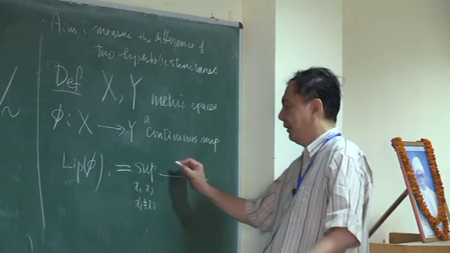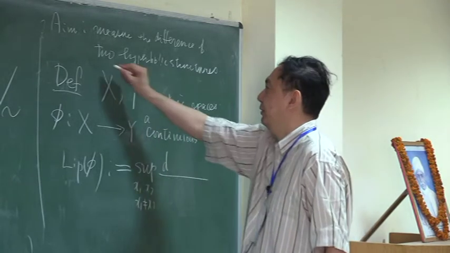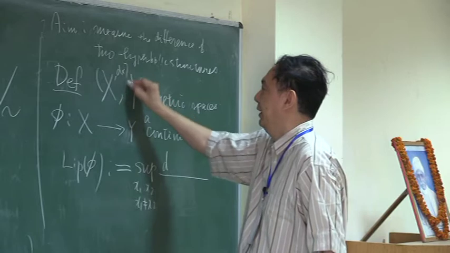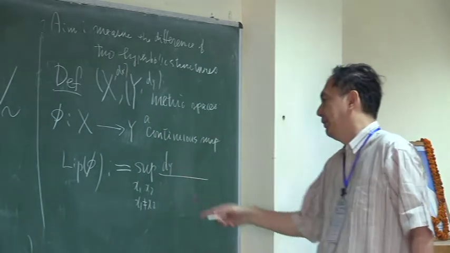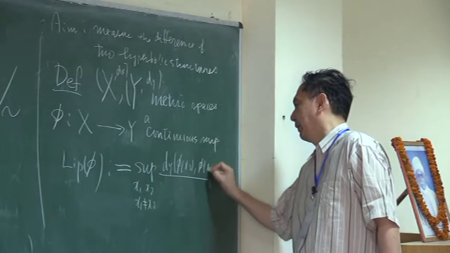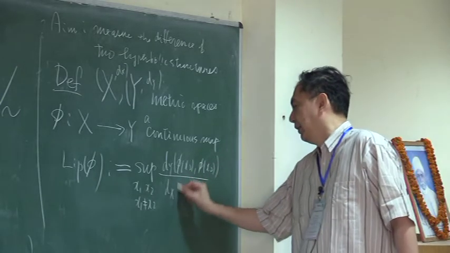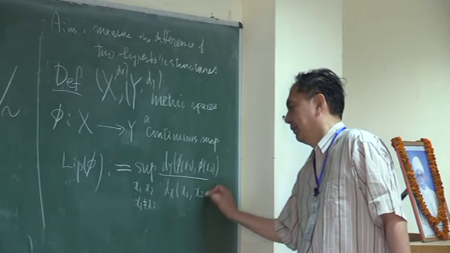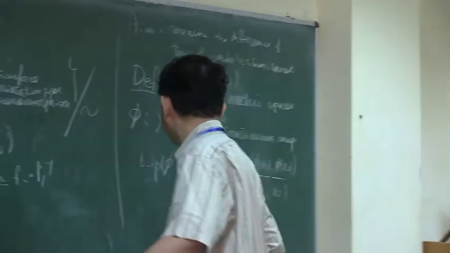You compare the distance of the images of two points in Y, which should have distance dY, and this one, which should have distance dX.